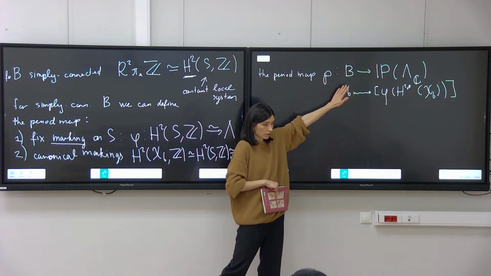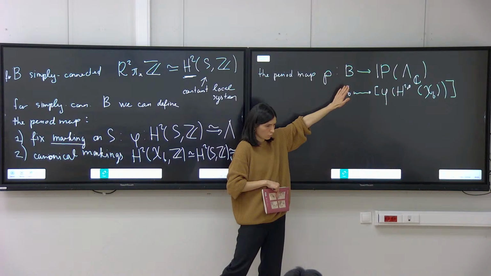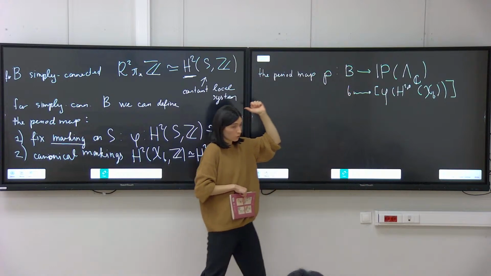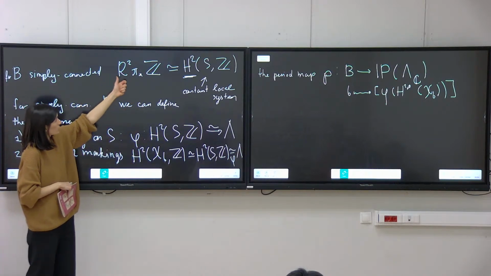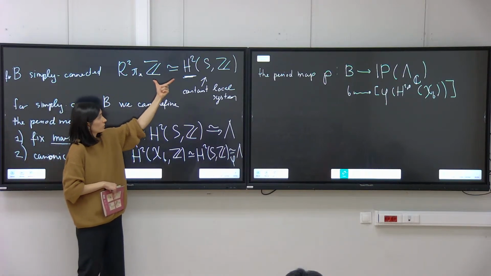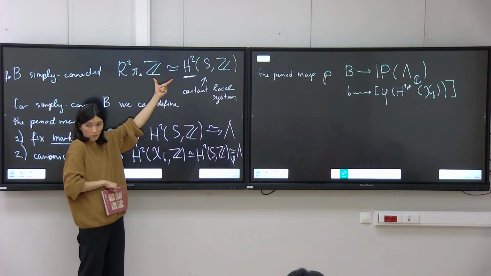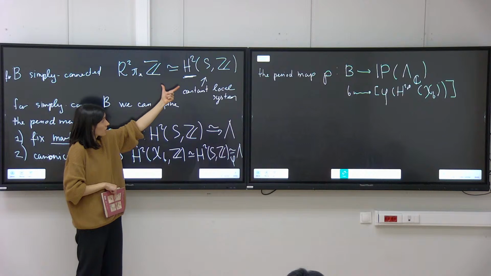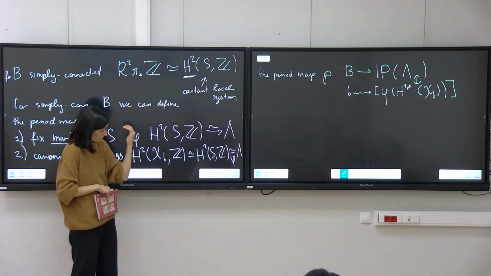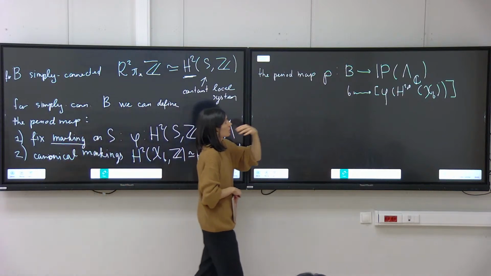We will discuss next time what is the so-called local period map, and next time we will define a global period map for a non-simply connected base. But here we definitely use that B should be simply connected because we want this canonical identification.